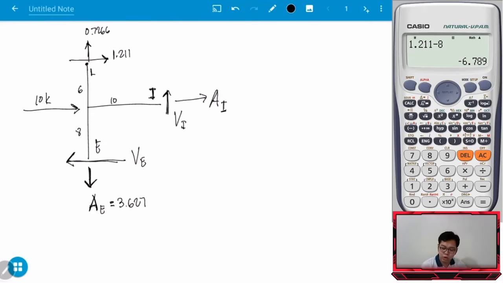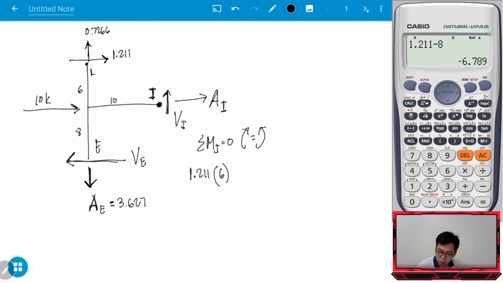Okay? So, let's try to solve, guys. I will try to solve for VE muna. Yung VE muna yung isosolve ko. So, summation of moment sa I. So, sum up ako ng moment sa I. Summation of moment at I is equal to 0. Clockwise is equals counterclockwise. Okay? So, yung clockwise moment ko, ano yung clockwise moments ko dyan? Yung 1.211, no? So, 1.211 multiplied by moment arm na 6. Yan lang ba?